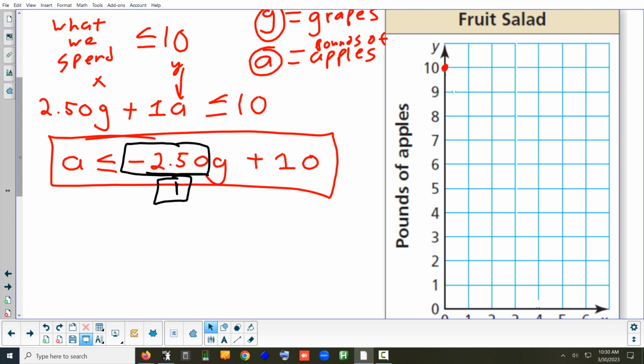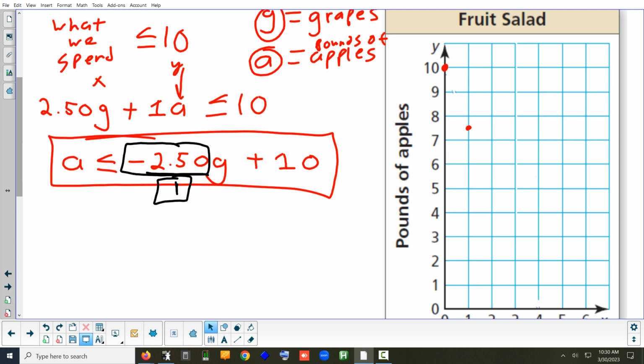From this point, which way do I go to get to another point? Yeah, down. Down how many? 2.5. And then over how many? 1 to the right. So we're going to go down 2.5, and then go 1 to the right.